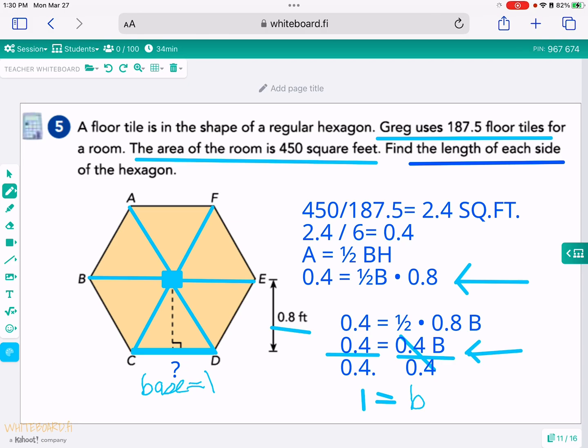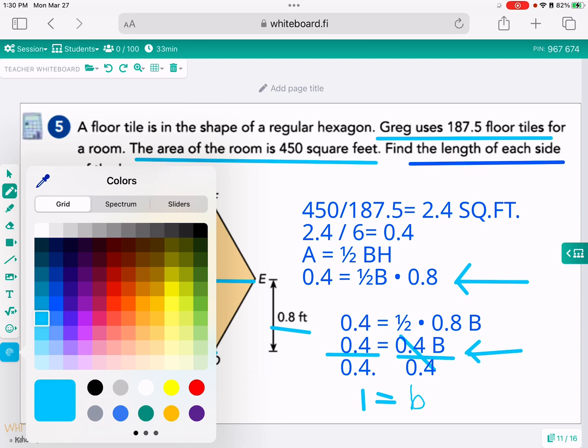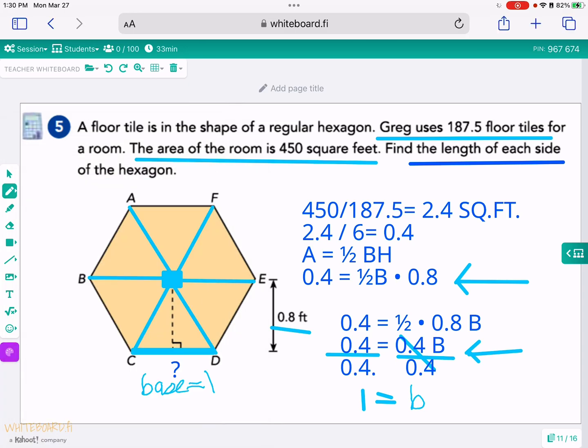So if I do 1/2 base times height, and that's 1 times 8/10, I get 8/10. I take half of that. That's 4/10. So my area is 4/10. Okay, 1/2 base times height, I'm substituting in here. The base being 1, the height being 0.8, as I was told. So 1 times 0.8 is 0.8. Half of that is 0.4. And that is our area.